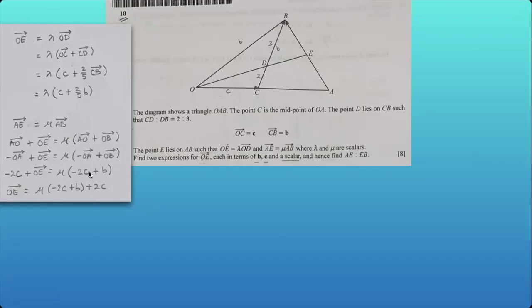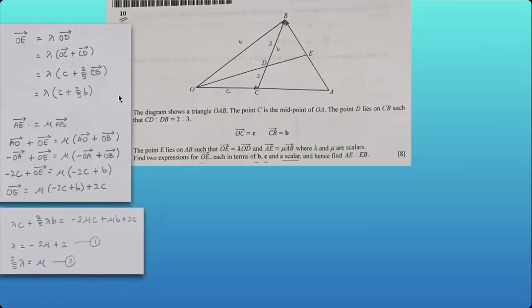Vector OA is just equal to 2c, so we have minus 2 vector c here, and vector OB is equal to vector b. Simplify to get this expression that contains vector b, vector c, and a scalar.